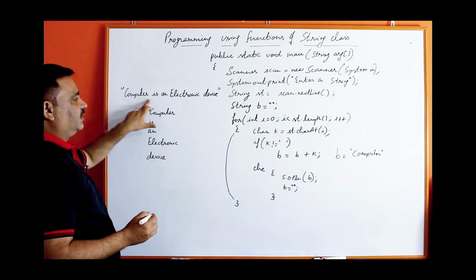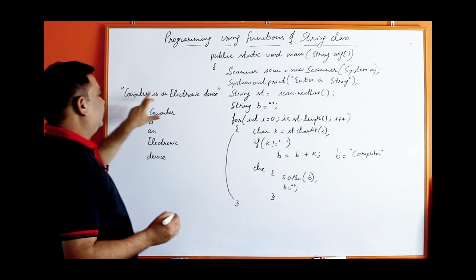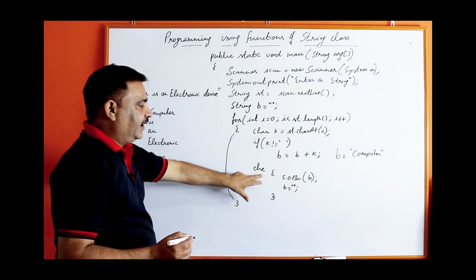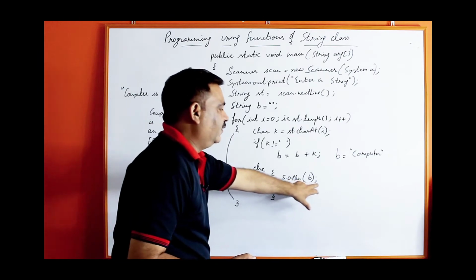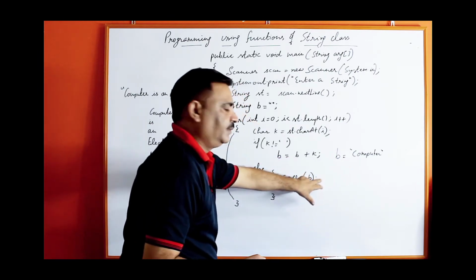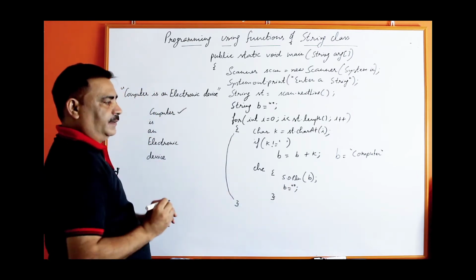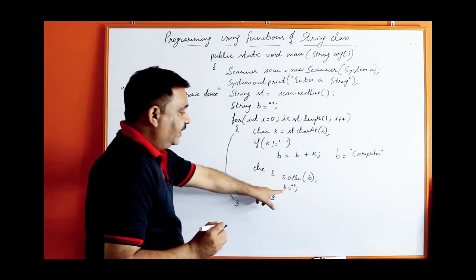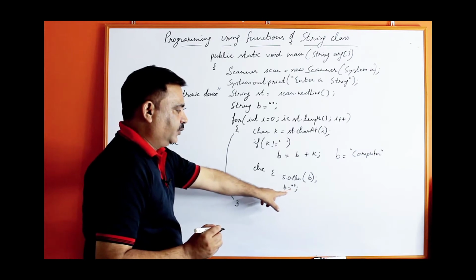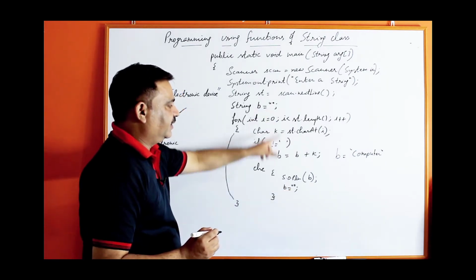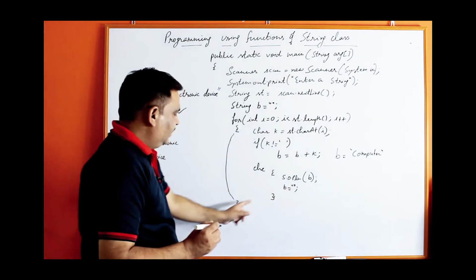When a space is encountered, the next character is space here, then else will execute and it will print the value of b, which is computer. So, the word computer will be printed, the first word. Now, again make it blank after printing the word computer, again make it empty like this, without space.